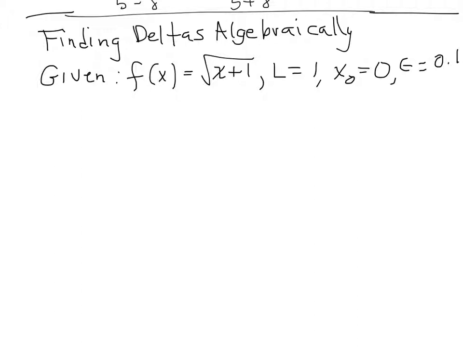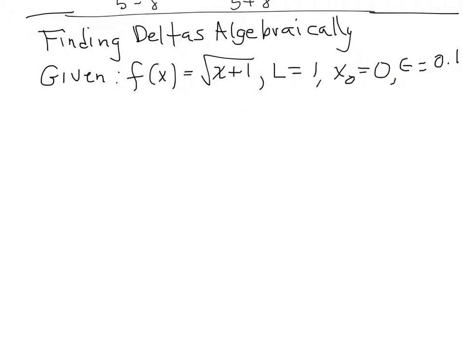Now, sometimes you will be given a problem where they don't give you the limit. This is where you use your logic and say, well, I can find that. I can simply plug in 0 there, and the square root of 1 is 1. Remember that, because a lot of times students will say, but they didn't give me the limit. Just plug this in to get your actual limit.